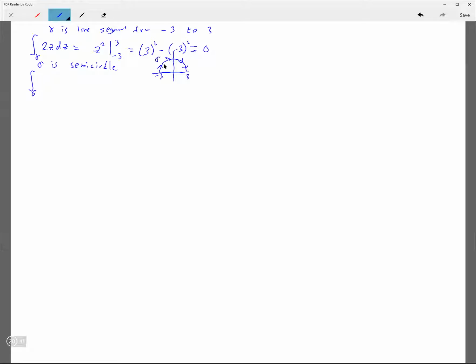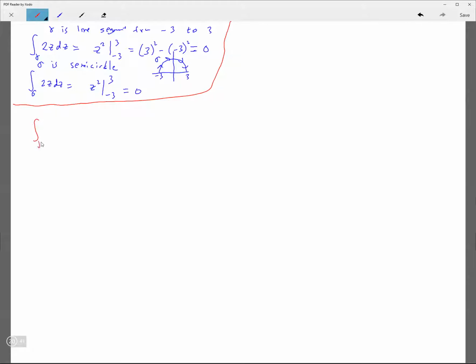So sigma is this semicircle here, and the same function is going to give you the same result. Okay, that's going to be 0. Now let me show you a couple of examples where this doesn't work.